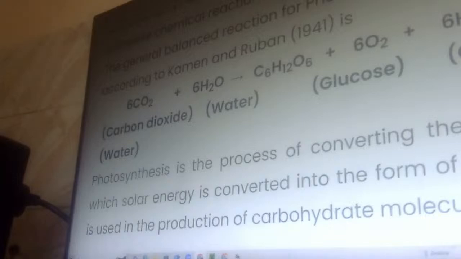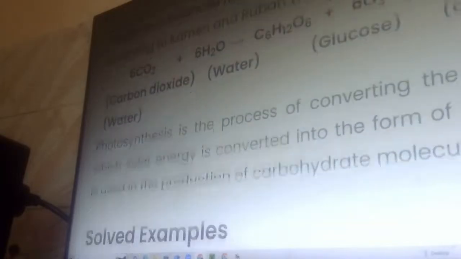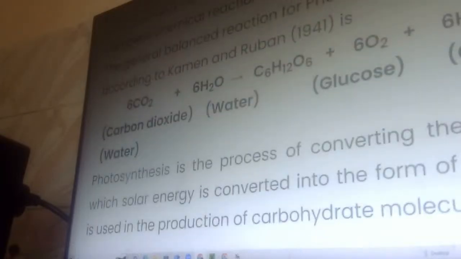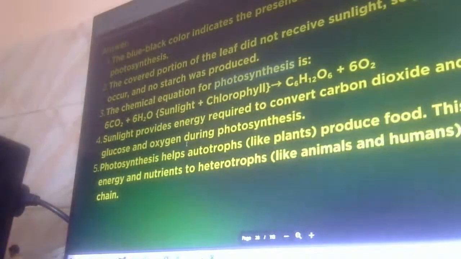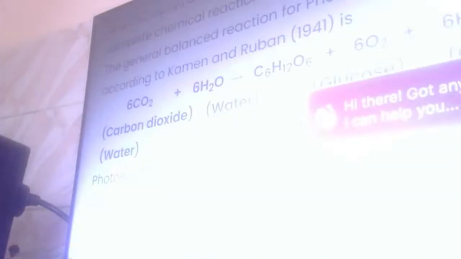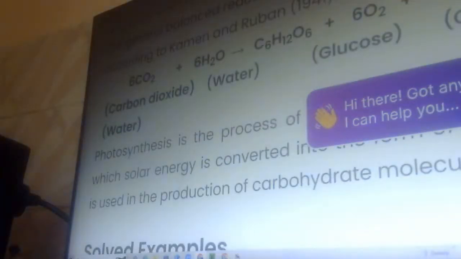Balanced equation. 6 CO2 plus 6H2O. Where is it? 12? Okay. 6 CO2 plus 6H2O. Oh, here it is, 12. Okay. 6 CO2 plus 12H2O gives us C6H12O6 plus 6 O2 plus 6H2O. Correct. Okay.